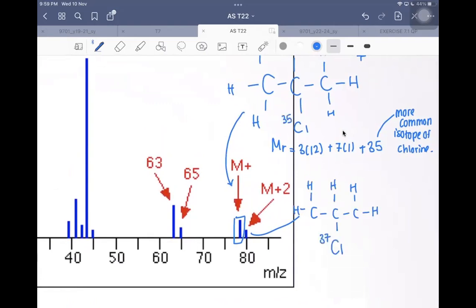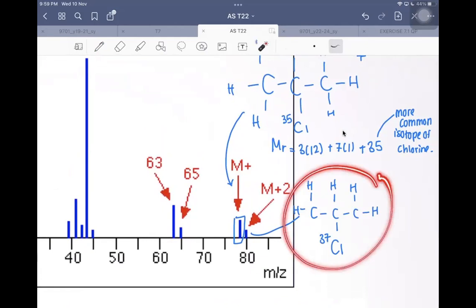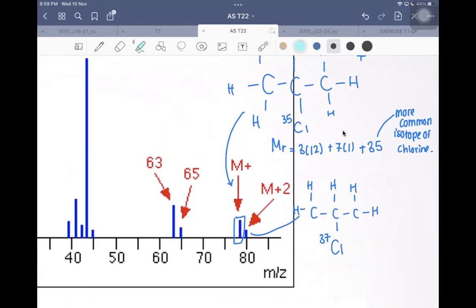So if you find the MR of this molecule, 12 times 3 is 36, 36 plus 7 is 43, plus 37 is 80. Okay, so that's a hint.